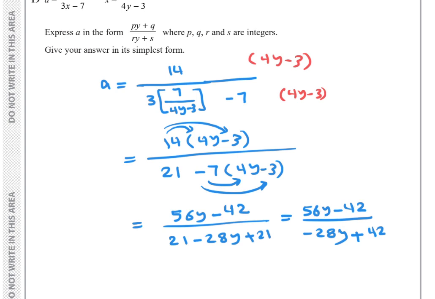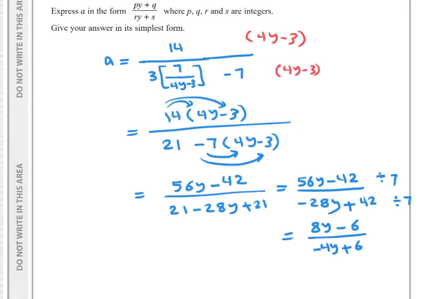To simplify the numerator and the denominator, 56, 42, 28 are divisible by 7, so divide by 7 to put the fraction in simplest form. Now you are left with 56 divided by 7 equals 8, so 8y. 42 divided by 7 equals 6, so minus 6, over negative 28 divided by 7, so negative 4y. 42 divided by 7 equals 6.